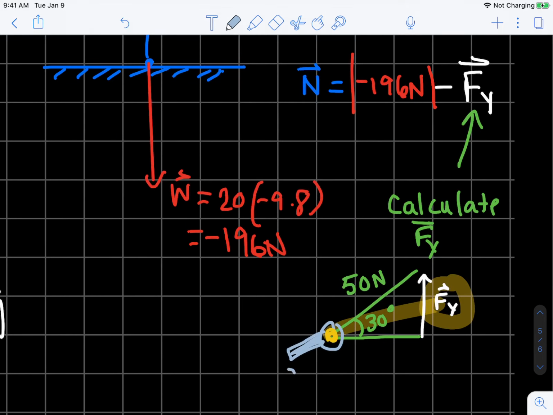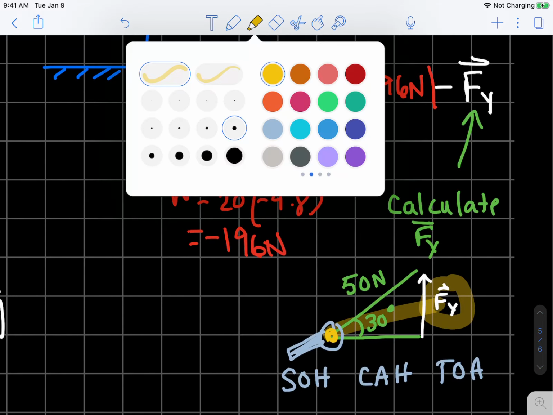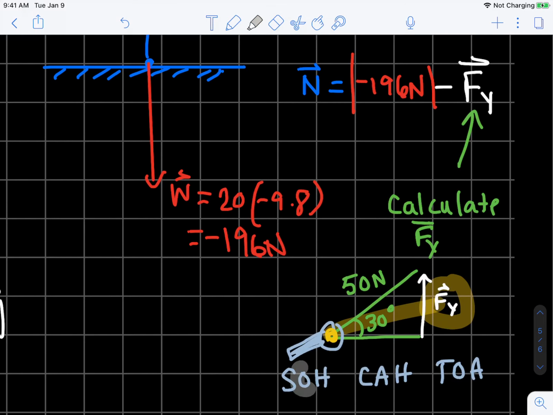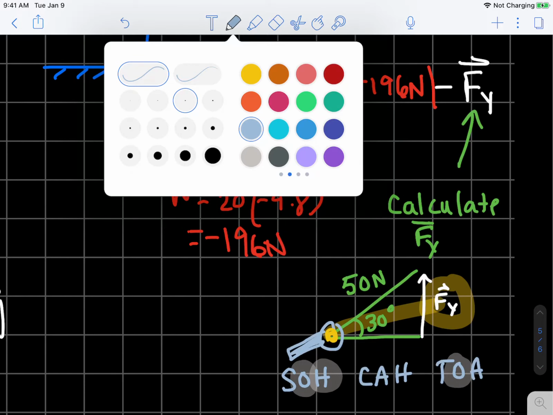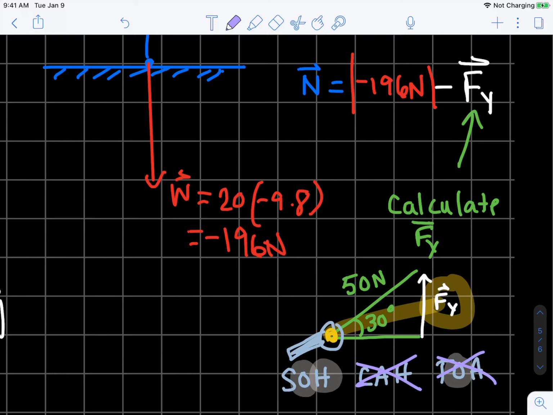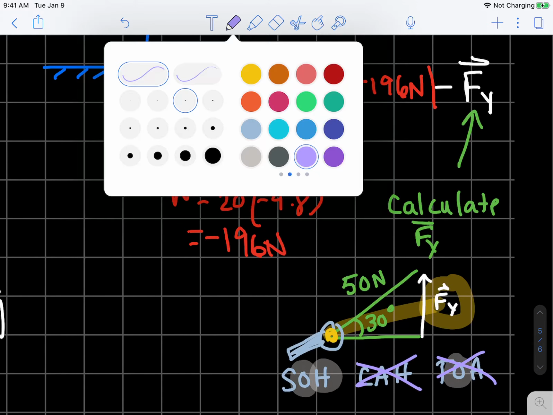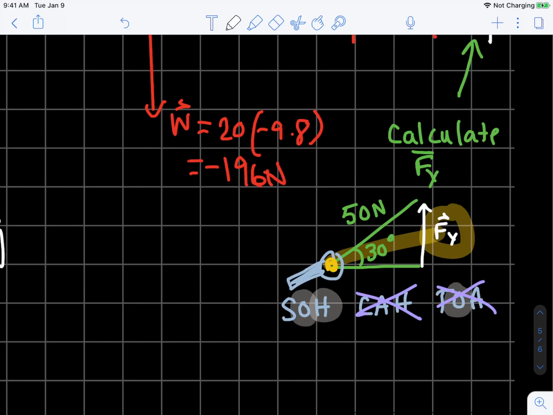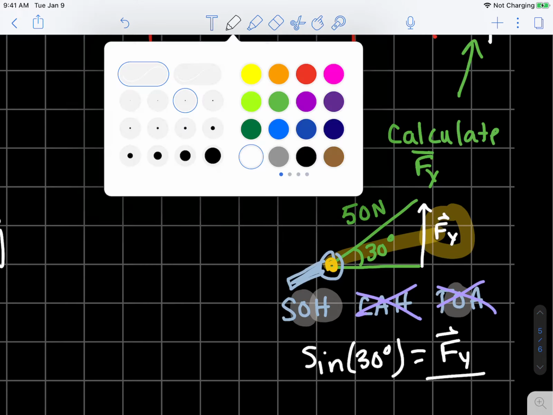So we can use a little SOHCAHTOA to solve this. If you recall, we did that whole putting a flashlight right on the angle. It shines to the opposite side, and that opposite side happens to be Fy, so I know I have the opposite. And I'm given the hypotenuse. So I'm not going to use this one or this one. We're going to use sine to find Fy. So sine of 30 degrees is equal to the opposite side, Fy, divided by 50.